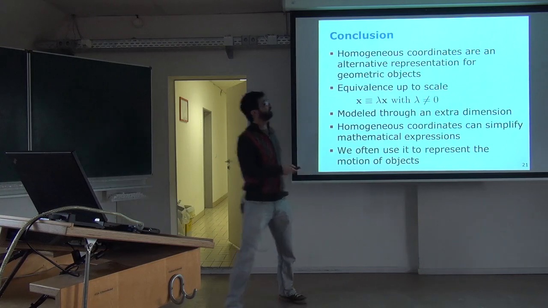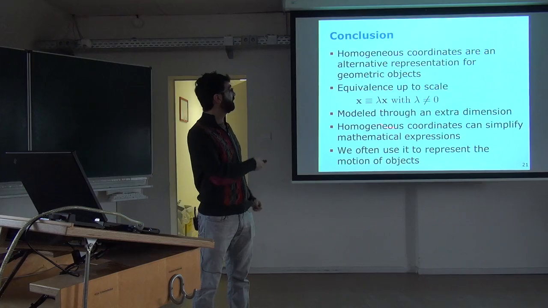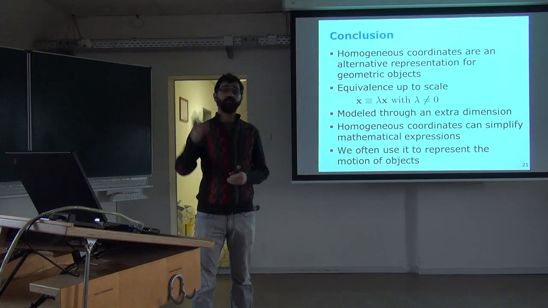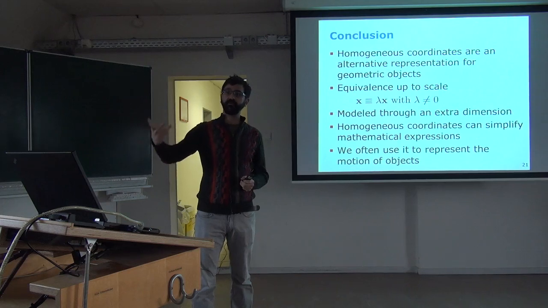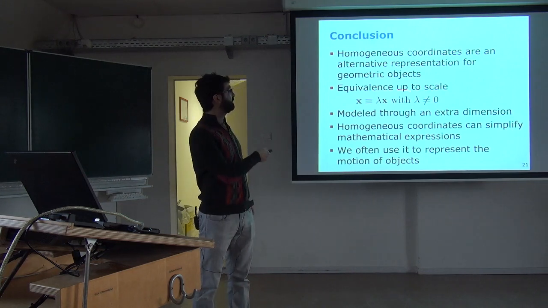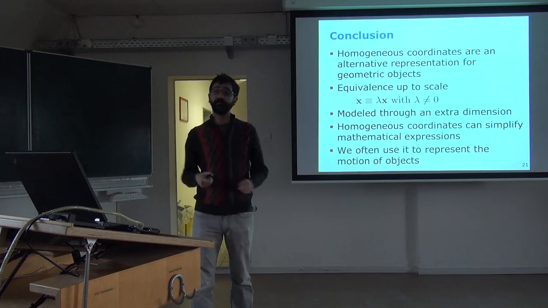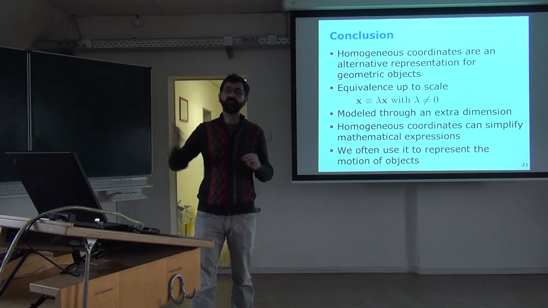And to conclude, basically what you need to remember from this lecture is this set of points here. First, that homogeneous coordinates are a different way of representing points in space. You add another coordinate that allows you to use some mathematical tools in a different way and have easier computation. They are defined to be equivalent up to a certain scale, which is this lambda here. And of course, lambda must be different than 0, otherwise you just completely nullify the point.